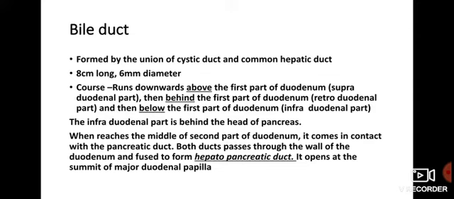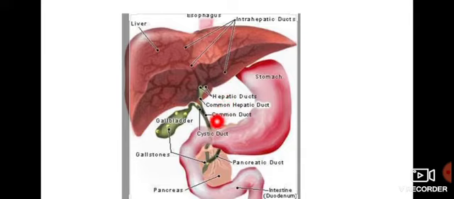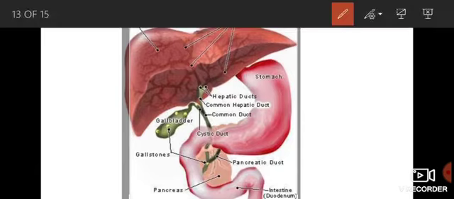Since it is a long tube, about 8 centimeters long, it has to pass these areas, and finally the infraduodenal part of the bile duct is present behind the pancreas. I will show you.